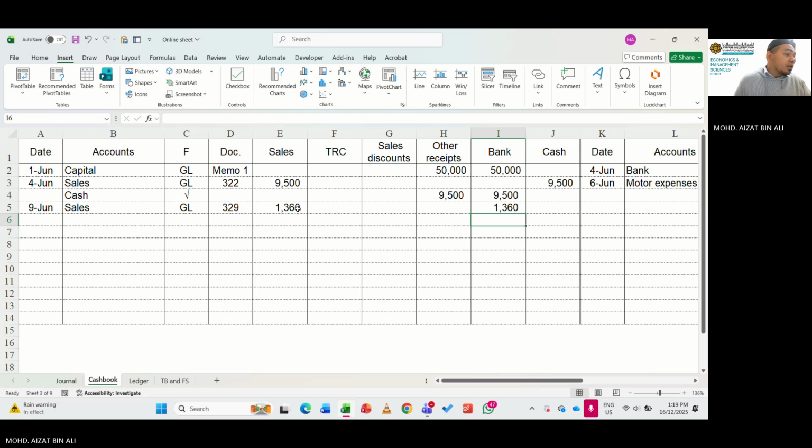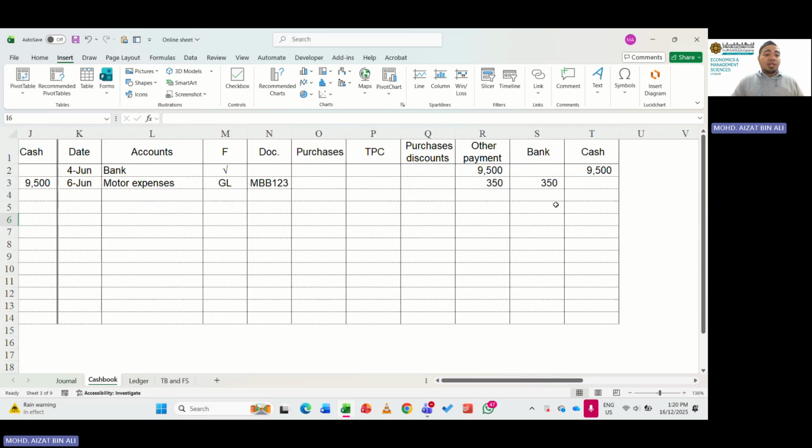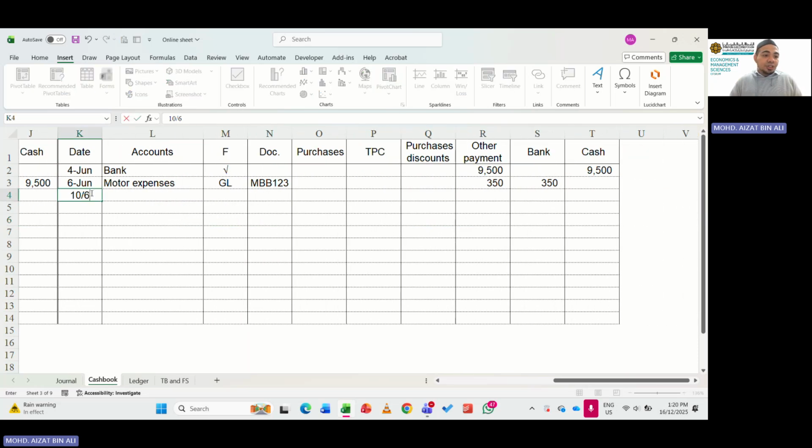Paid check number MBB125. We are paying, so it is credited, on the credit side of the cash book. 10 June. Paid check number MBB125 to IKEA stores. So we write down their name, IKEA stores. Where can we find IKEA stores again? You remember?